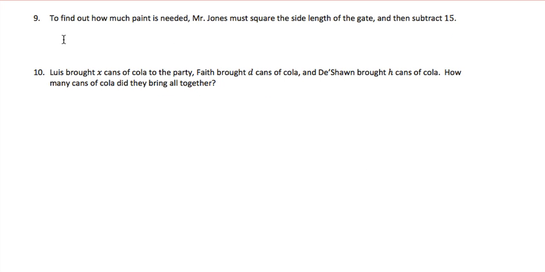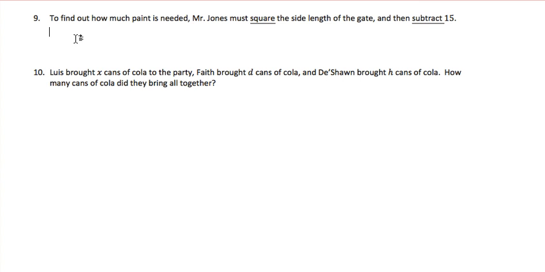Number 9, to find out how much paint is needed, Mr. Jones must square, that's an exponent, the side length of the gate, and then subtract 15. So we have 2 operations.